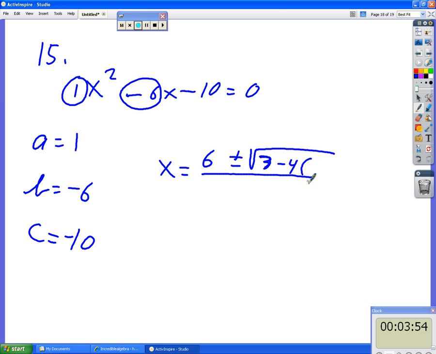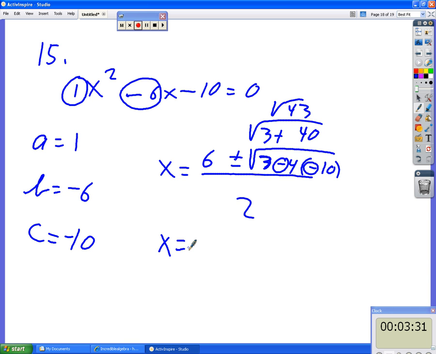I multiply them, I get negative 10, over 2a. 2 times a, 2 times 1 is 2. In the radical sign, I have a 3 minus, well, what's 4 times 10? That's 40. What's a negative times a negative? That's a positive. So 3 plus 40 is the square root of 43. So x is equal to 6 plus and minus the square root of 43 all over 2.